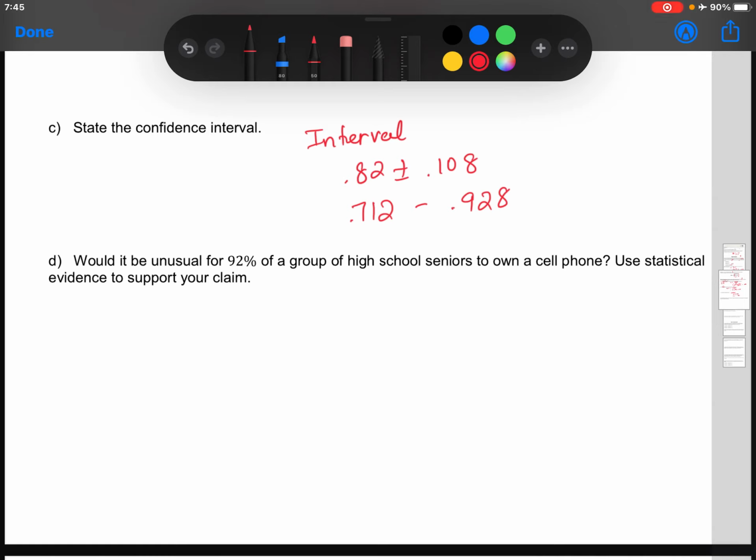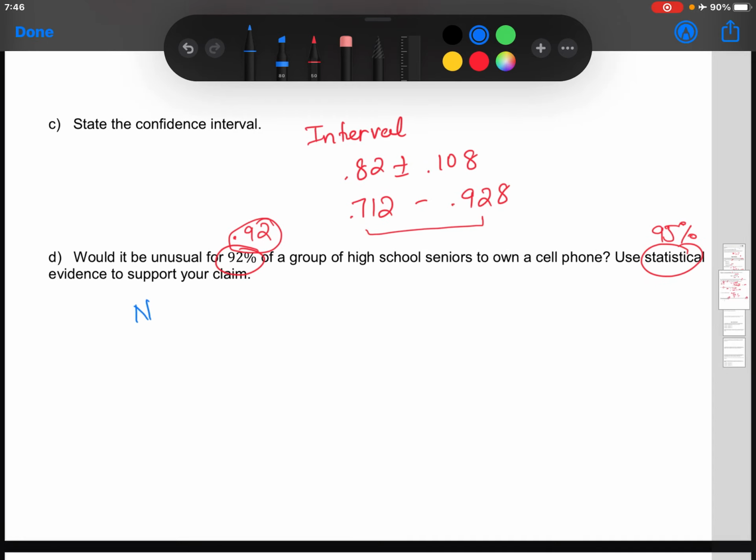So now, would it be unusual for 92% of a group of high school seniors to own a cell phone? 92% is the same thing as 0.92. Whenever they say use statistical evidence, we're checking whether that number lies in the 95% interval. So does 0.92 lie in this interval? Yes, it does. So would it be unusual?